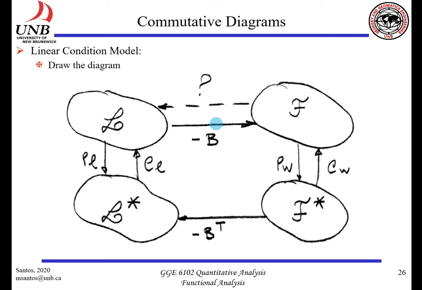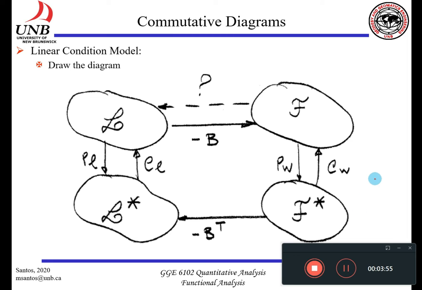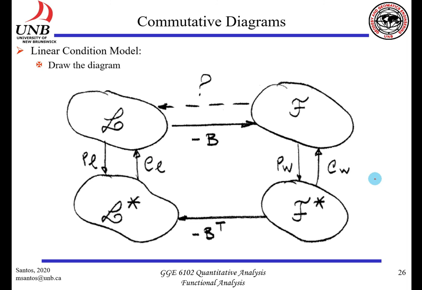So what we have here now is 1, 2, 3. Now we have the example for the linear conditional model. So the diagram, again, we have the prime space and the dual space.